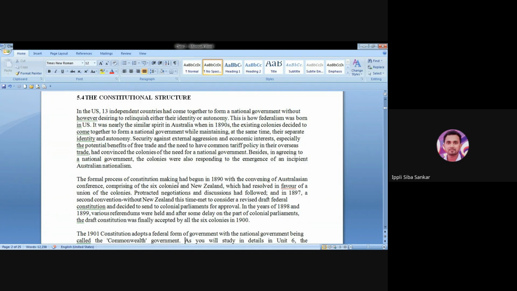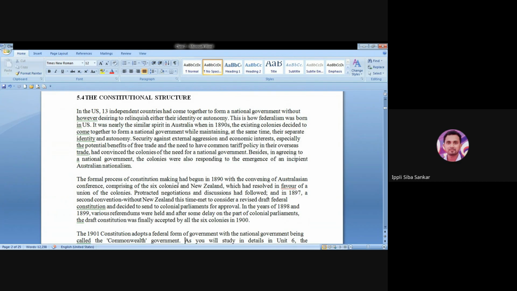Security against external aggression and economic interest, especially trade, had convinced the colonies of the need for a national government. Besides agreeing to a national government, the colonies were also responding to the emergence of incipient Australian nationalism.